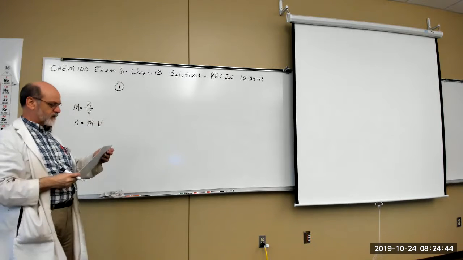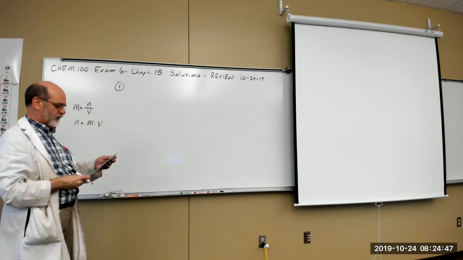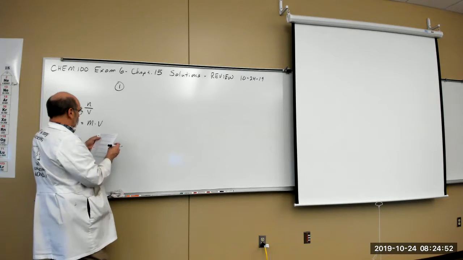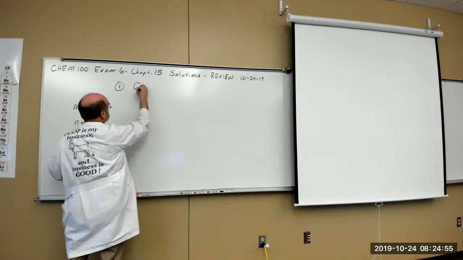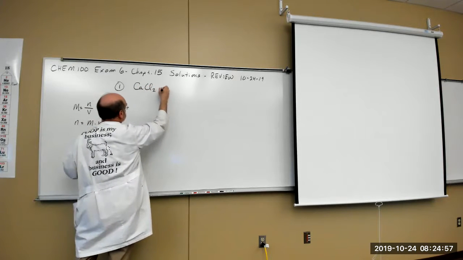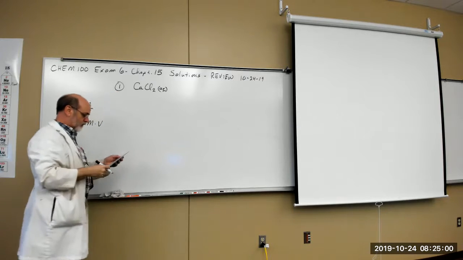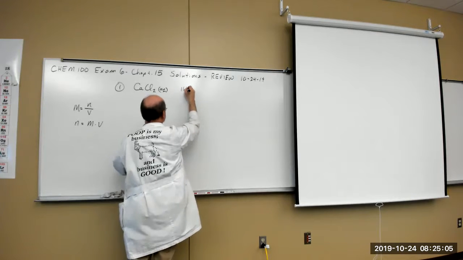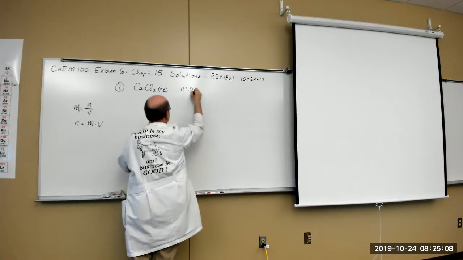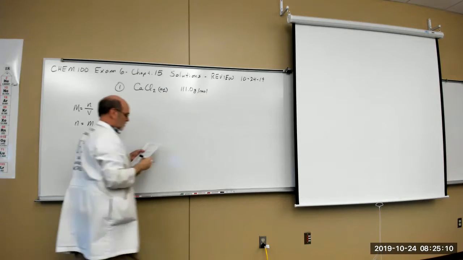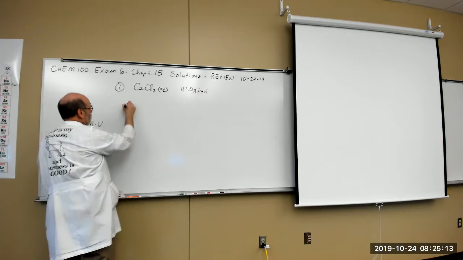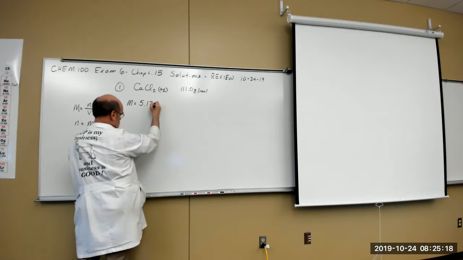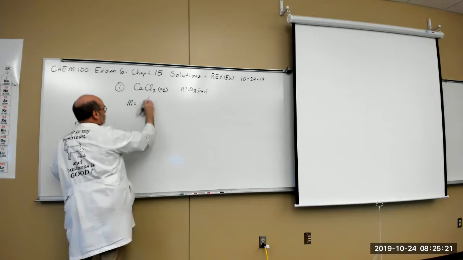How many grams of calcium chloride are needed to prepare 5.17 liters of 0.5 molar calcium chloride solution? All right, so we're dealing with calcium chloride, and we want it in aqueous solution. You don't have to calculate the molar mass, that's given to you. The target is molarity of, nope, 5.17 is the volume.